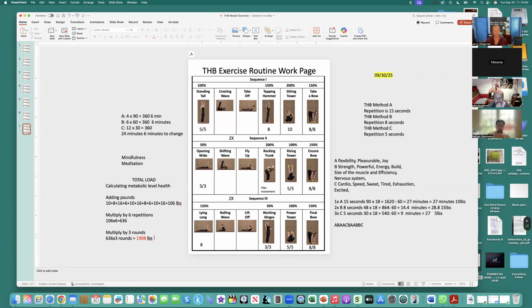So now you can push it even further and divide this by body weight.